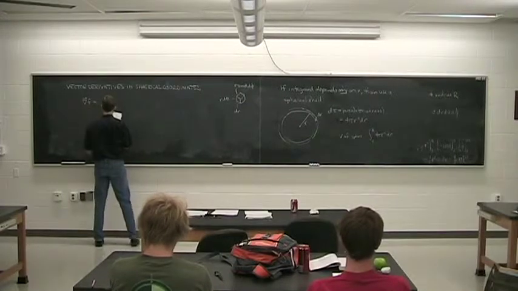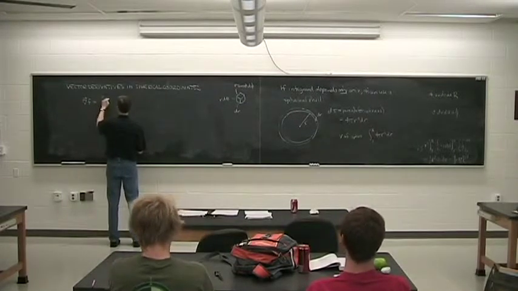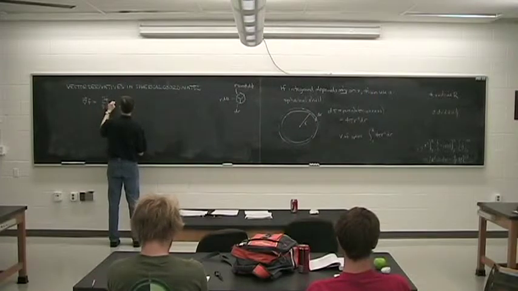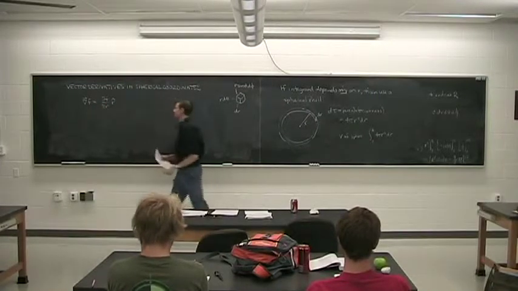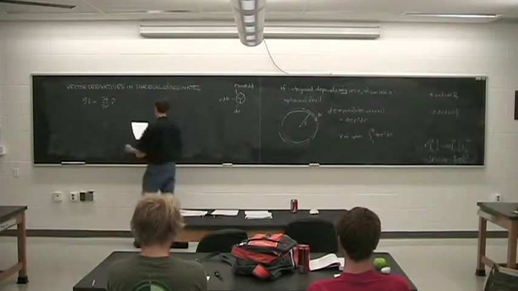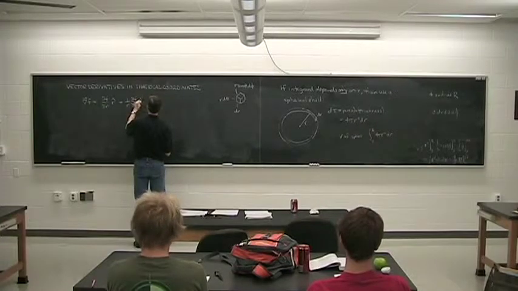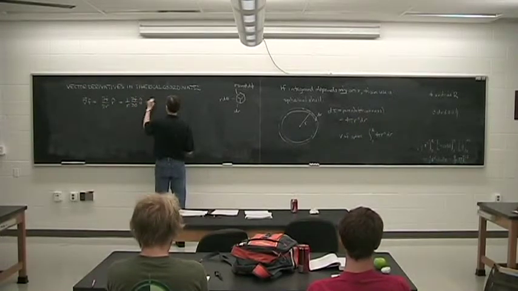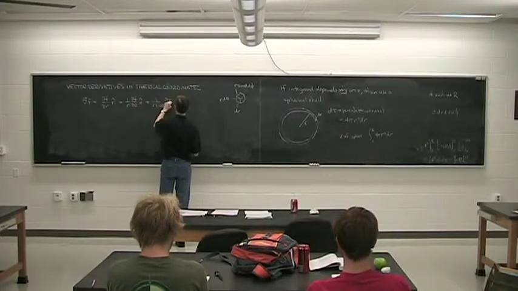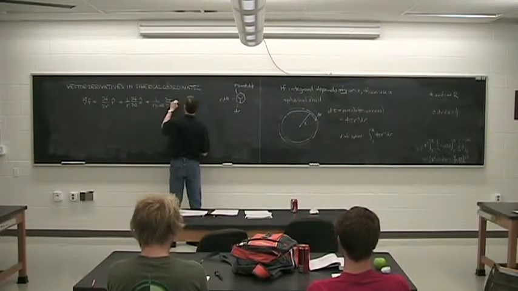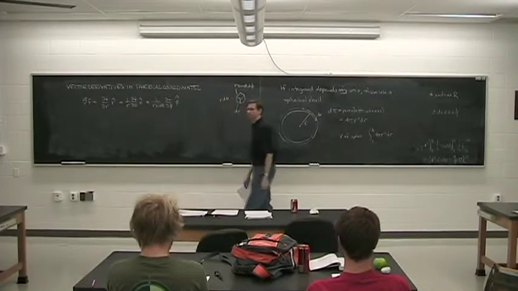The gradient of some scalar f is the partial of f with respect to r times r hat, plus 1 over r times the partial of f with respect to theta times theta hat, plus 1 over r sine theta times the partial of f with respect to phi times phi hat.